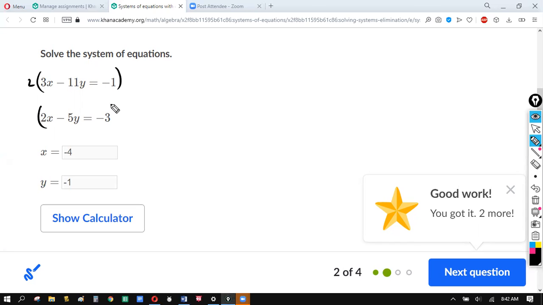And I had a 2 here, and I multiplied this one by 3. Because 2 times 3 is 6, and 3 times 2 is 6. And then when I had 6x on both of them, I was able to subtract and eliminate one variable. That is the goal, to eliminate one variable. And of course, like I said, I could have done negative 3, and then I would have had a negative 6x. So I just would have done 6x plus negative 6x. And again, that would eliminate the variable.